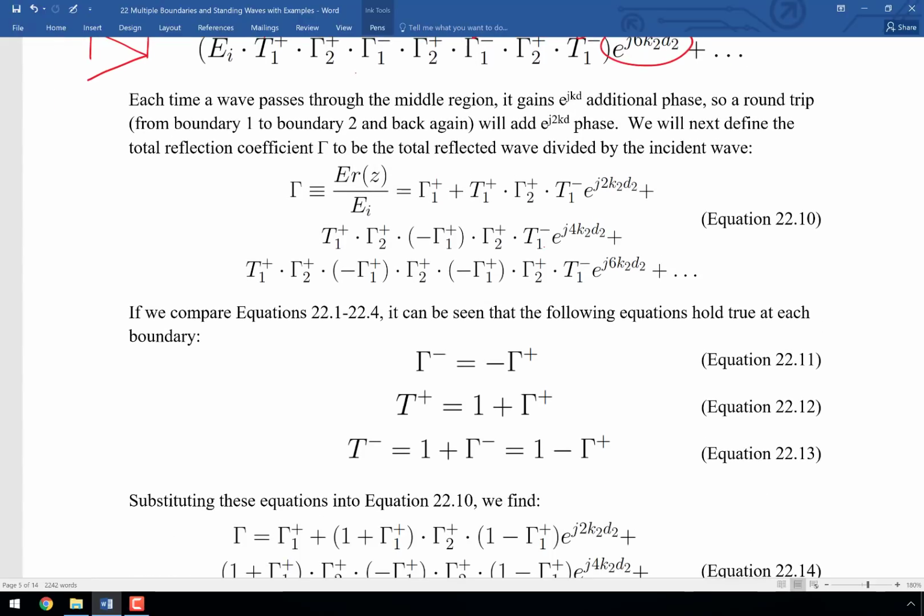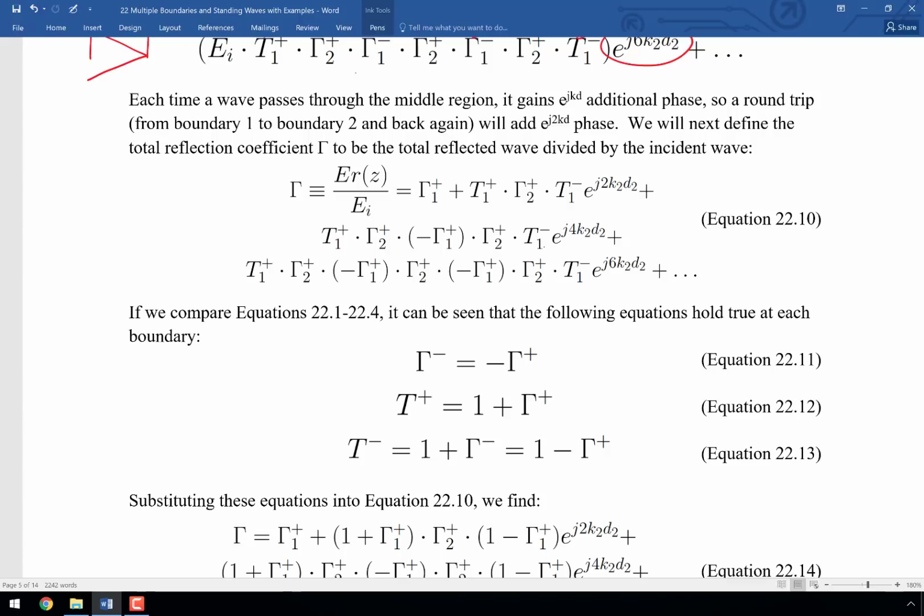As I mentioned earlier, gamma in the negative direction is equal to negative gamma in the positive direction. And we also know that t in the positive direction is 1 plus gamma in the positive direction. If we combine those two together, we find that t in the negative direction is 1 minus gamma in the positive direction.